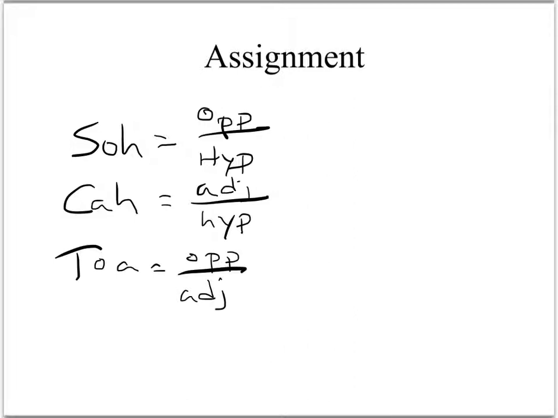And remember, this is the inverse of sine, inverse of cosine, and the inverse of tangent. A little info, that's the arc sine, arc cosine, arc tangent. Just another name for it. Don't need to know that, just a little extra there. So again, you're pressing second sine, second cosine, second tangent.